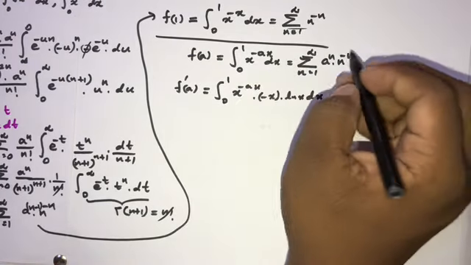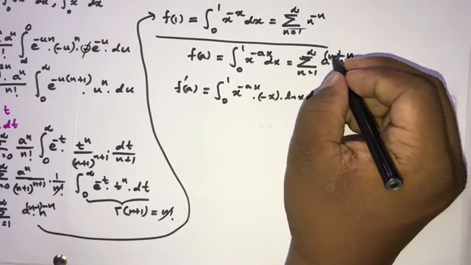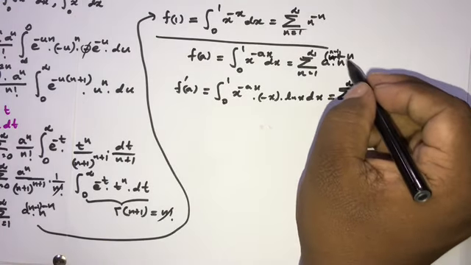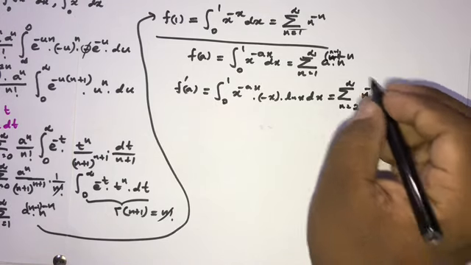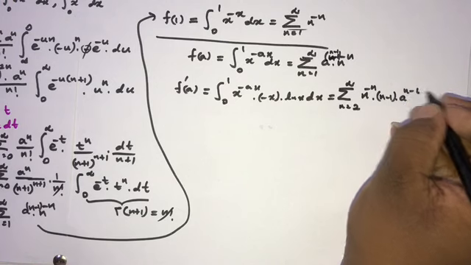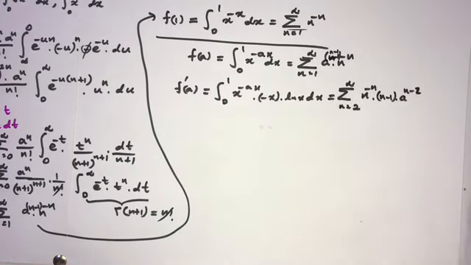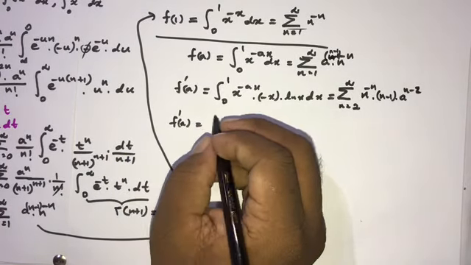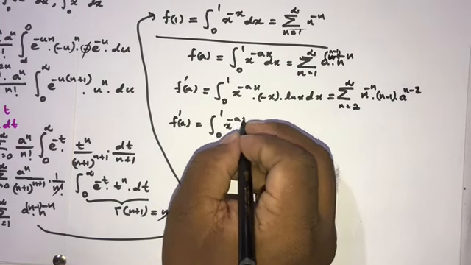Here f of a is equal to here also n minus 1 power, here n to the minus n. So now if we differentiate here n to the minus n, now n minus 1 times a to the n minus 2. Okay, then next step, f dash of a is equal to integral from 0 to 1 x to the minus ax.